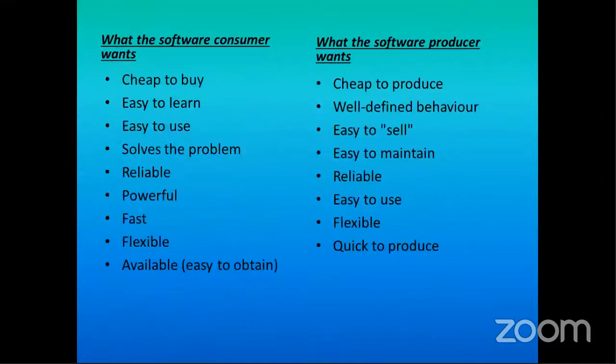So then here, we have what the consumer wants and what the developer wants. So can I have a consumer and a developer amongst you? One of them is going to be a consumer, another one is going to be a producer. A consumer is that person who is going to buy the software. So we can have a consumer reading a point, then also the producer reading a point.